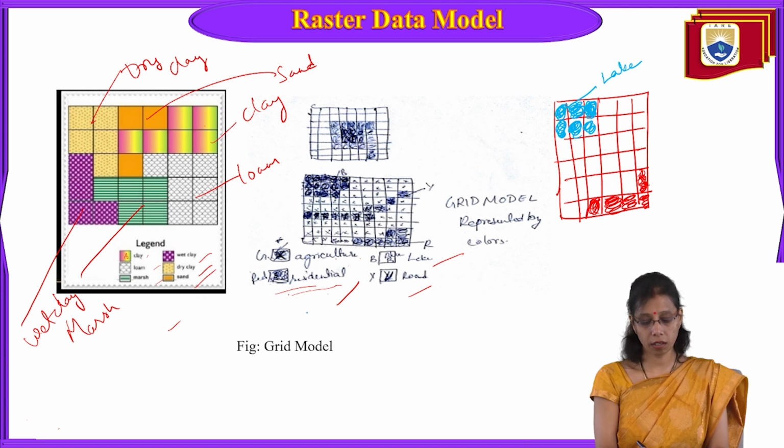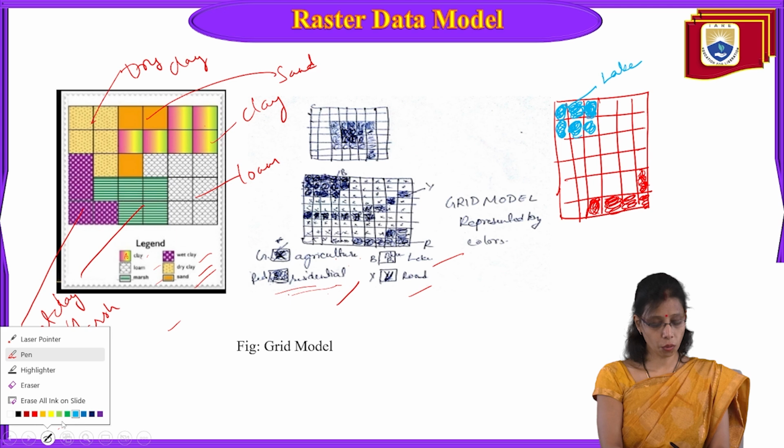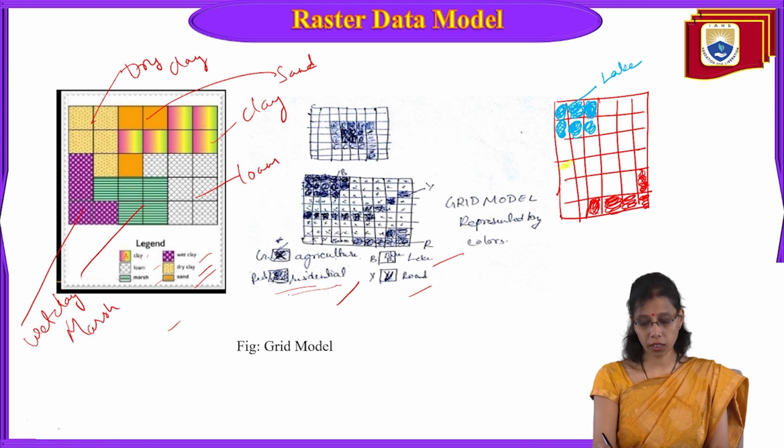Next, if I want to show road, I may show it in yellow grid. So this is the road here, which is shown like this. Each grid is covered. Now here it is road, right? This is residential. Okay. Now the leftover is agriculture.